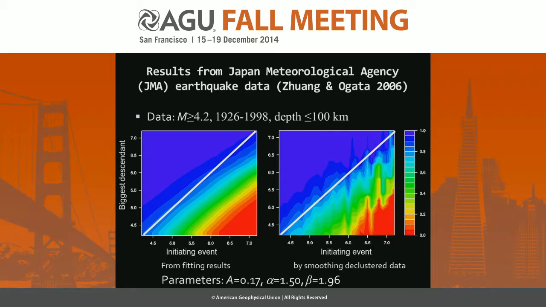The left one is calculated based on the ETAS parameters from data fitting. The right panel is calculated through smoothing earthquake clusters by using the stochastic clustering method. We can see the foreshock probability is below 1% for very big magnitude and up to more than 10% for magnitude 4.2.